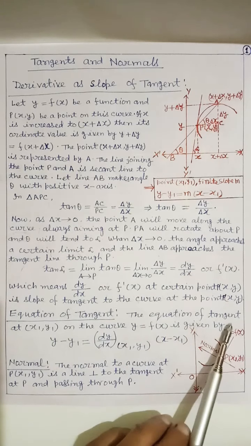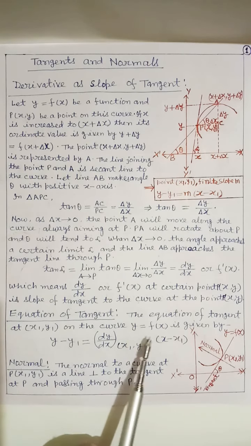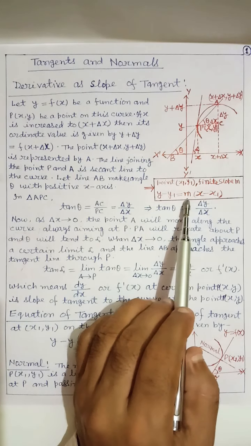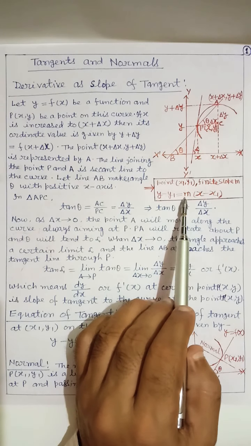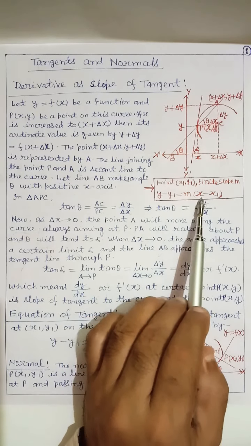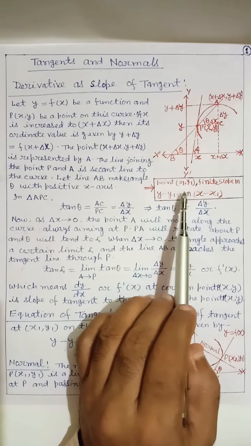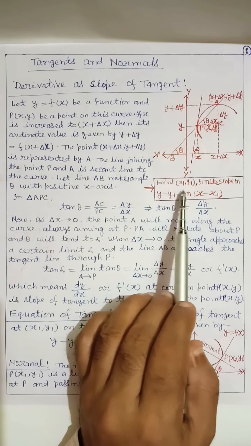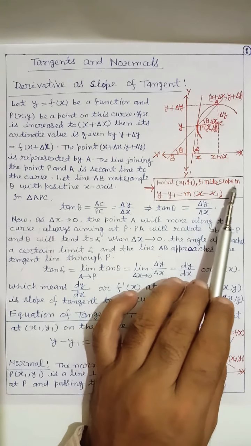The equation of tangent at (x1, y1) on the curve y equal to f(x) is given by y minus y1 equal to m into (x minus x1). What is this? This is the equation of a straight line passing through a given point (x1, y1) having finite slope m.